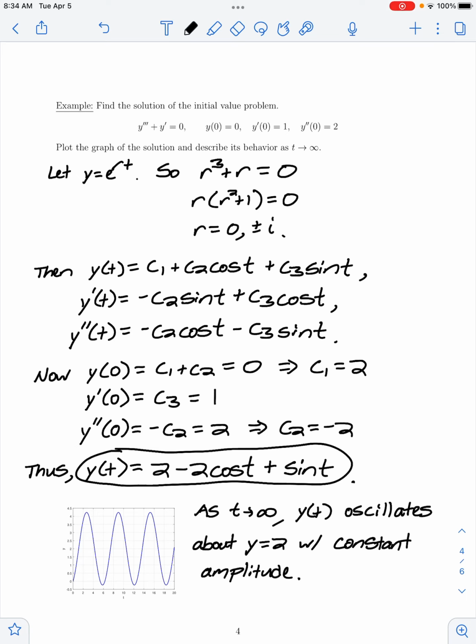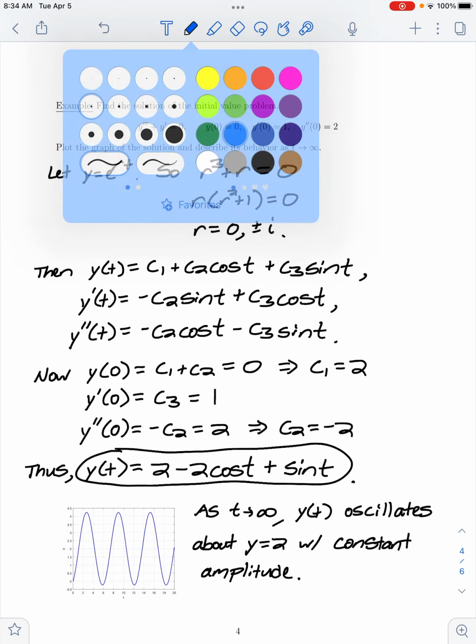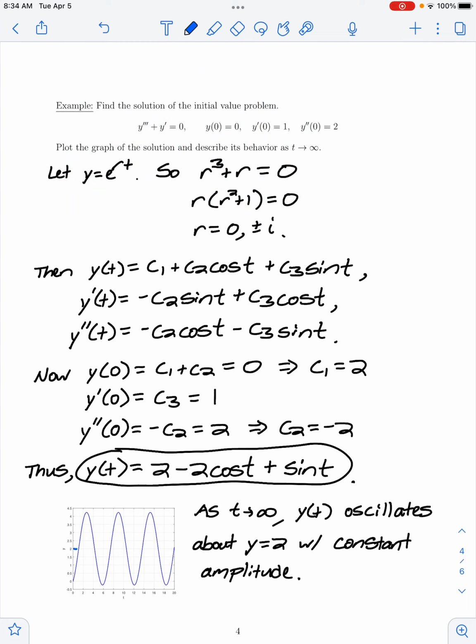So here we don't have increasing or decreasing amplitude for our oscillation, since the real part of those imaginary roots was 0. So again, here we have a value of y equals 2, and our solution is exhibiting oscillations about that constant value.